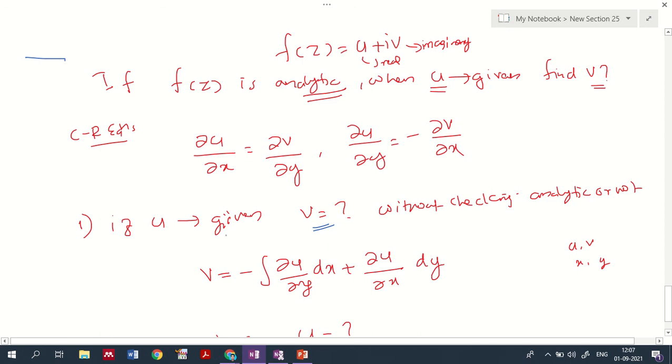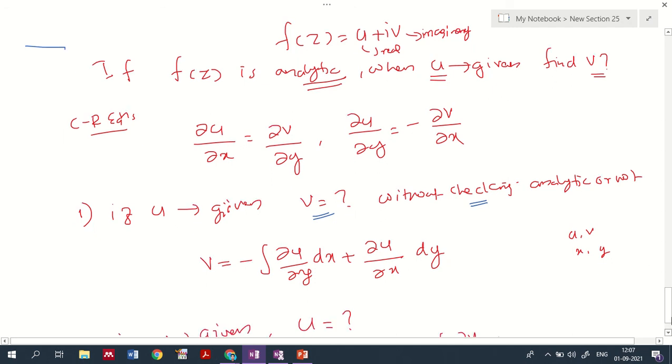Here we are not checking whether the function is analytic or not. In that case, you can utilize this equation: v equals minus integral of dou u by dou y into dx plus dou u by dou x dy.